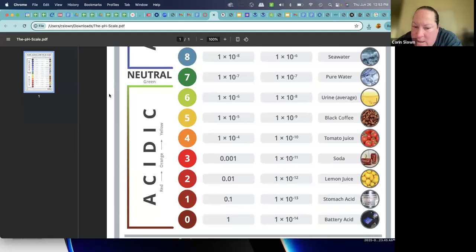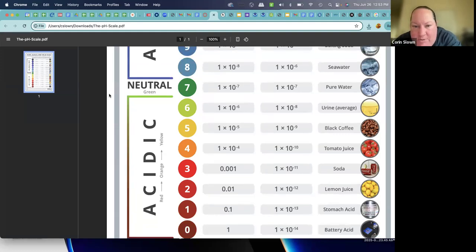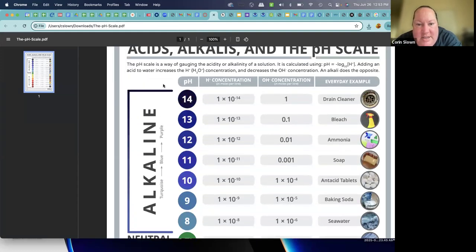Well, technically, it can go both below 0 and above 14, but this is a useful reference for a couple of reasons. One, it gives us the pH on the left-hand side, and you can see the color gradient. Those are very common color gradients associated with the universal indicator.